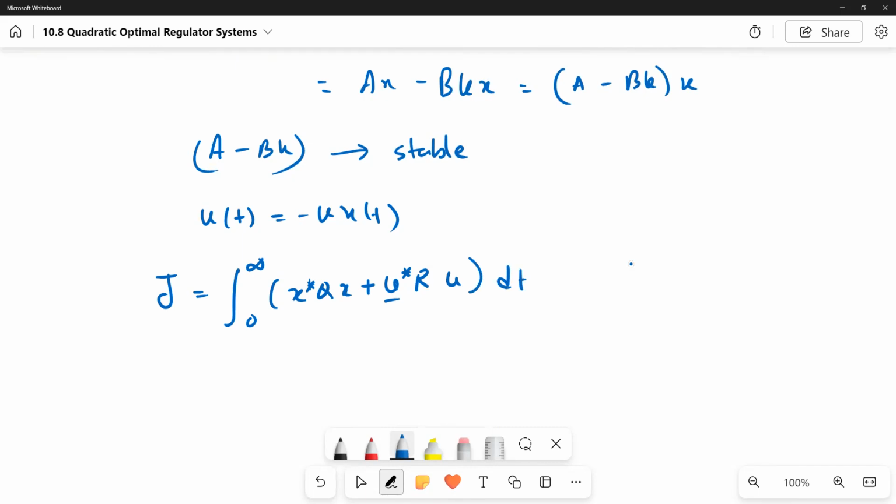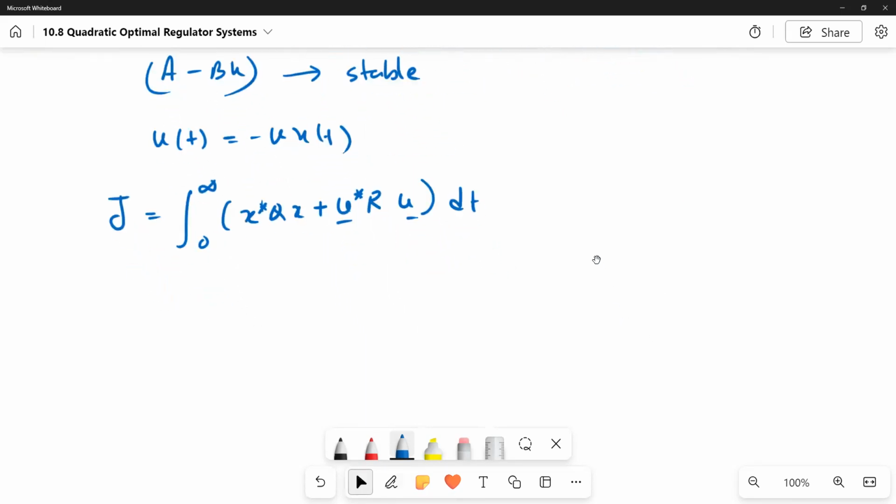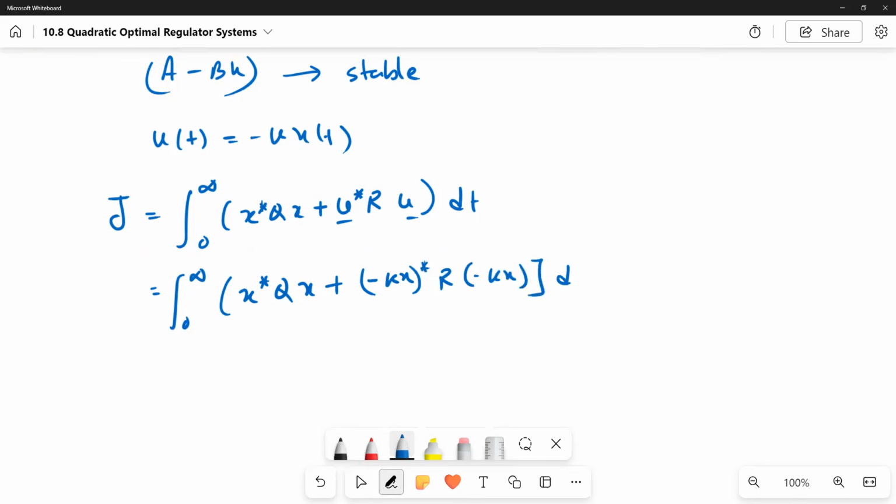Now the u values have to be replaced. So x star Qx plus minus Kx star R minus Kx dt.